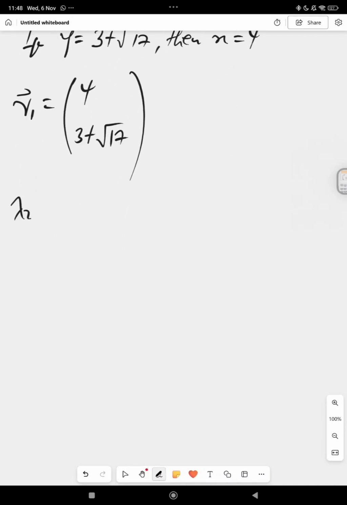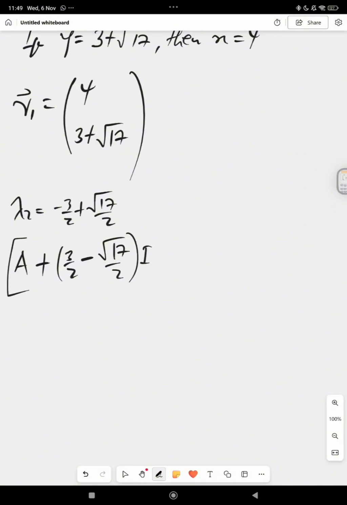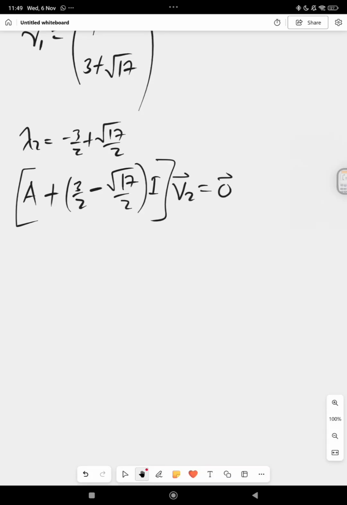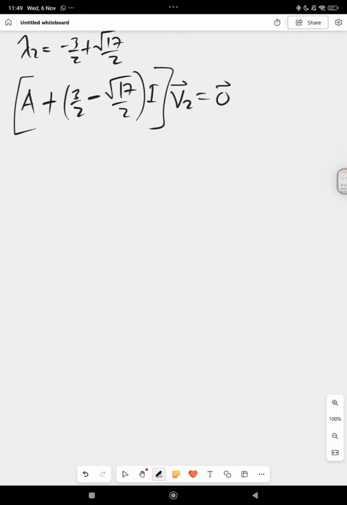Our lambda 2 is equal to minus 3 over 2 plus the square root of 17 over 2. We have A plus 3 over 2 minus square root of 17 over 2 times I, multiplied by v2, giving us our 0 vector.